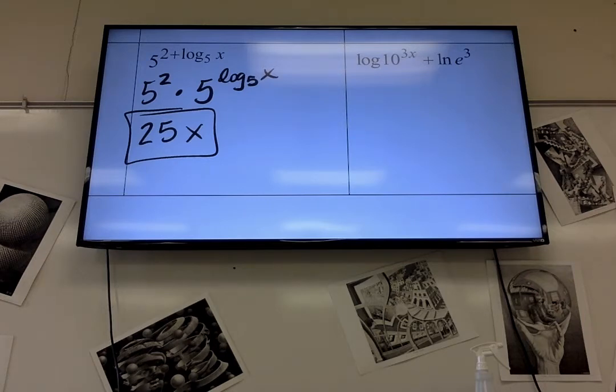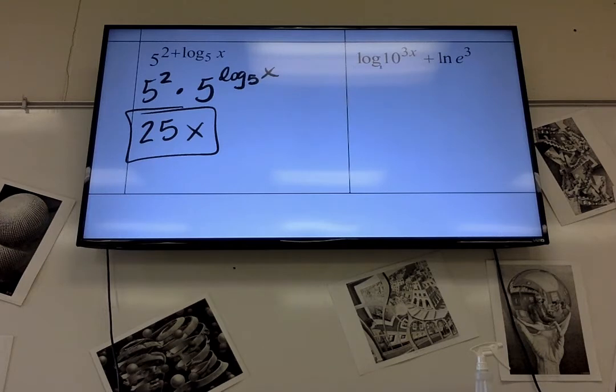What's that? 3x, yeah. Remember, if it's a log without a base, it's an understood 10. So since those match up, it's just 3x. Natural log of e cubed. 3. Again, natural log of e cubed, that's really a little e there. So that's why it's just 3.